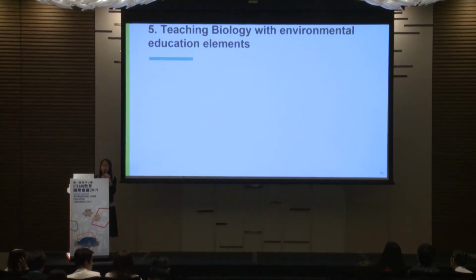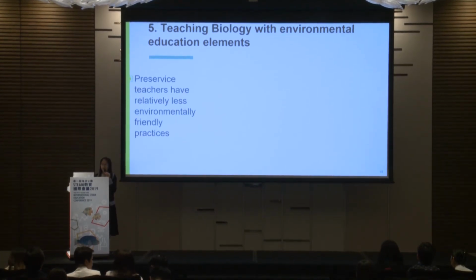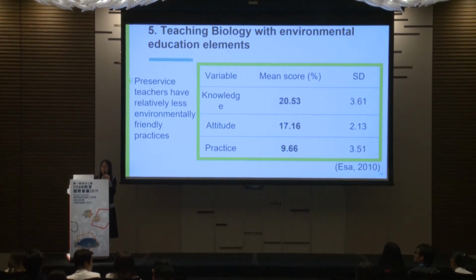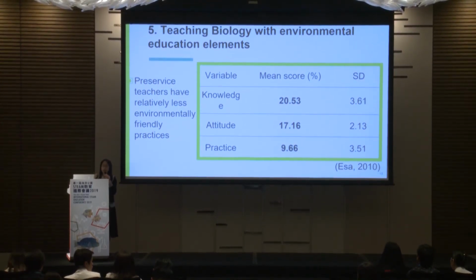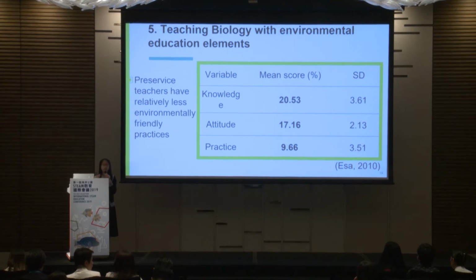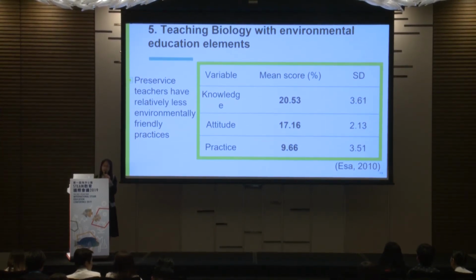And now let me talk about my experience during my teaching practicum. But before that, let me point out that a study found that pre-service teachers may have good attitudes and good knowledge towards teaching environmental education, but relatively fewer practices that they really do in their daily life.